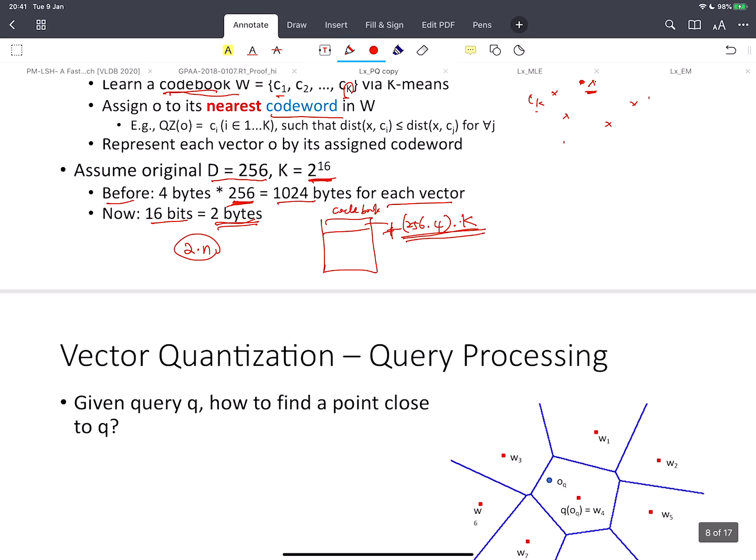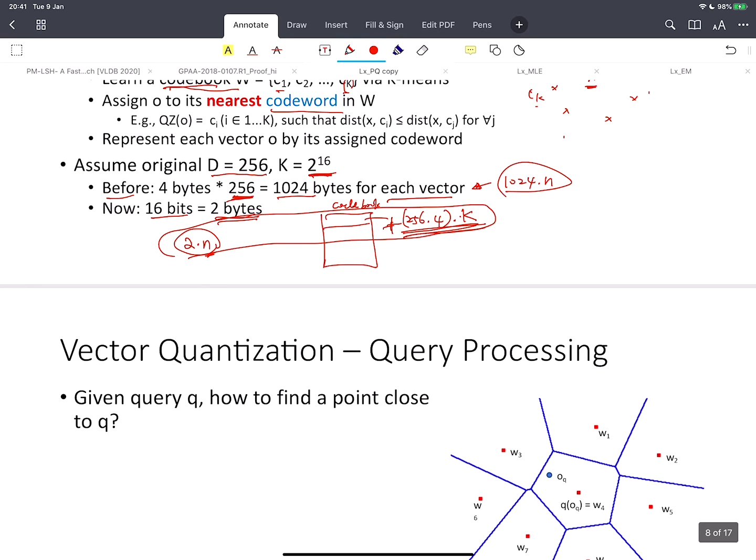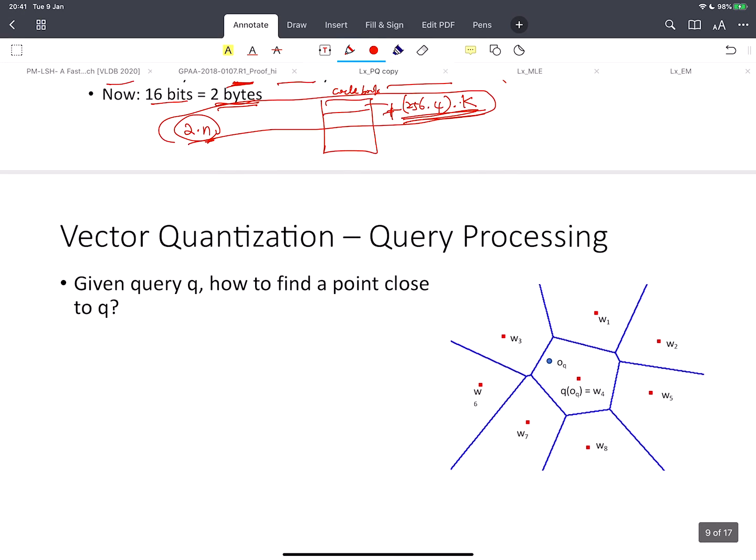While here, without using this kind of encoding, it's going to be 1024 times n. Okay, so you can actually see that if n is sufficiently large, even if you need to include the codebook, this one is actually still smaller than the one without using the codebook. But that's one of the advantages. And now how to find the answer? Okay, try to find a point close to Q.